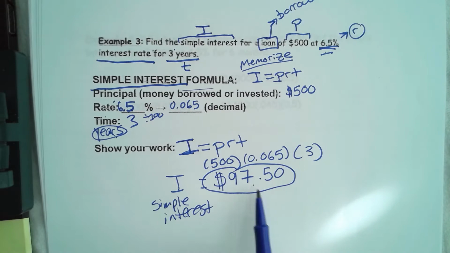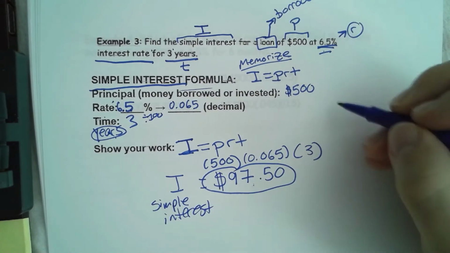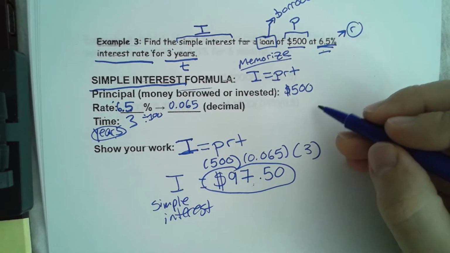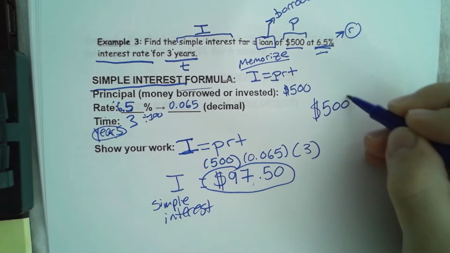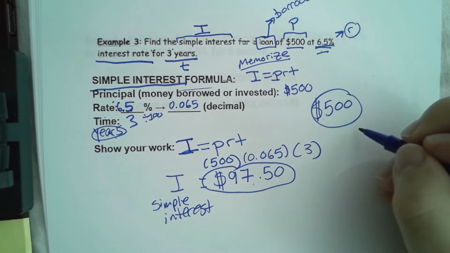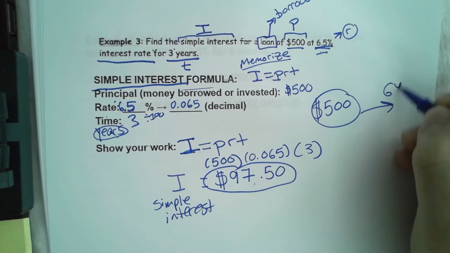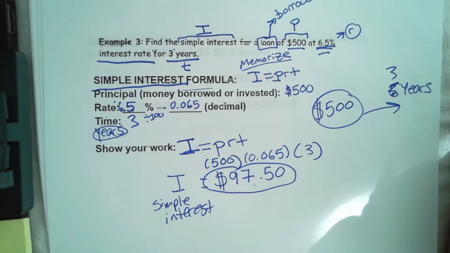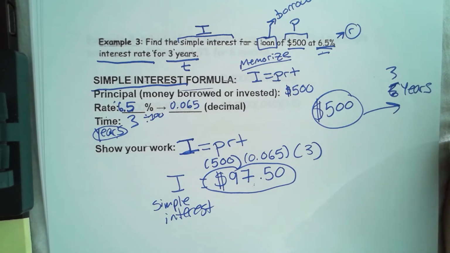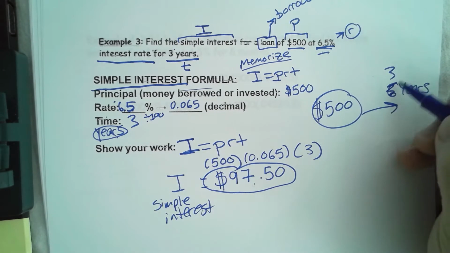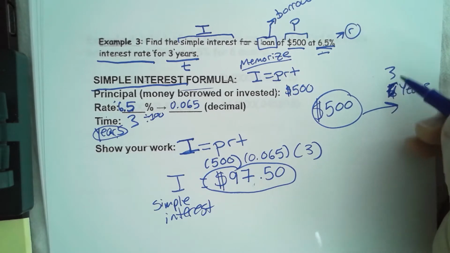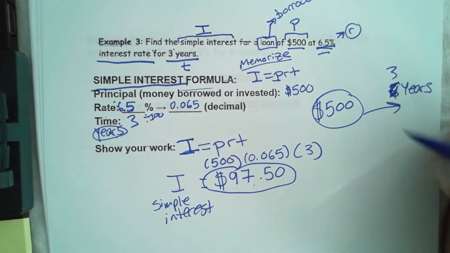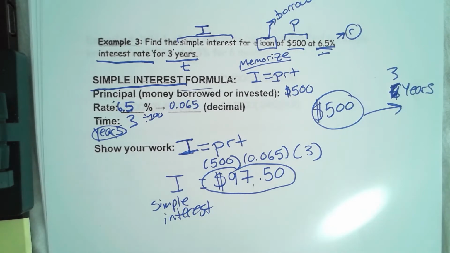What this means is I borrowed $500. I have 3 years to pay back $500. But they are also going to need some extra money because you borrowed money. It's kind of like a service fee.